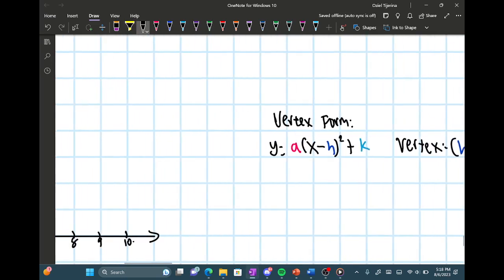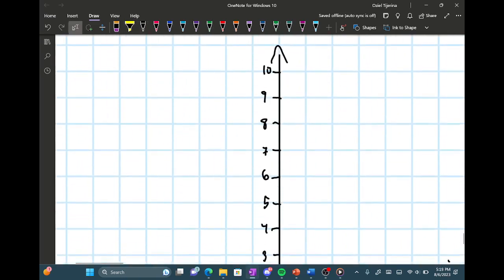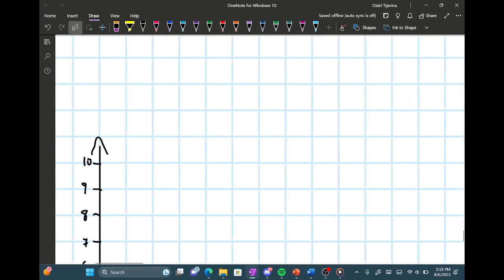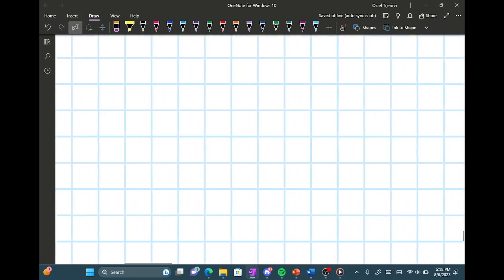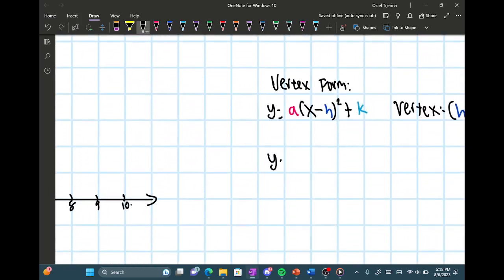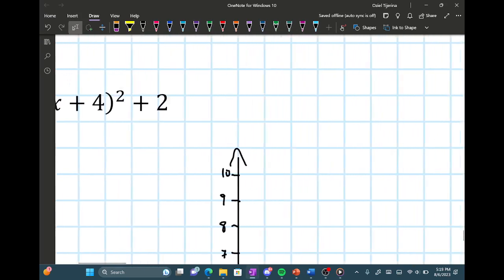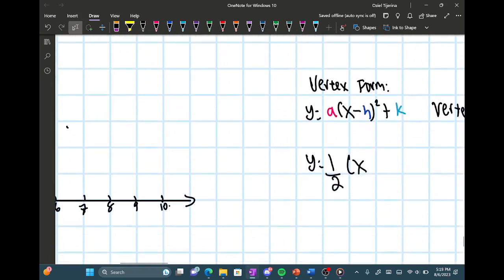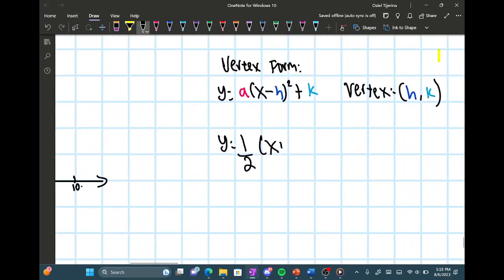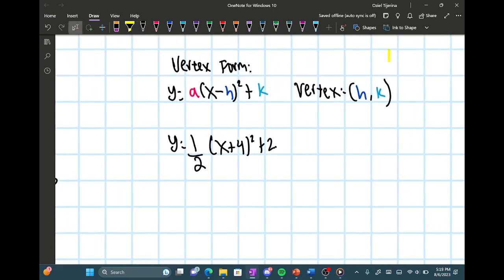In our function, I'm just going to rewrite it here. So f of x is y equals negative 1/2 times x plus 4 squared plus 2. Let's label it.